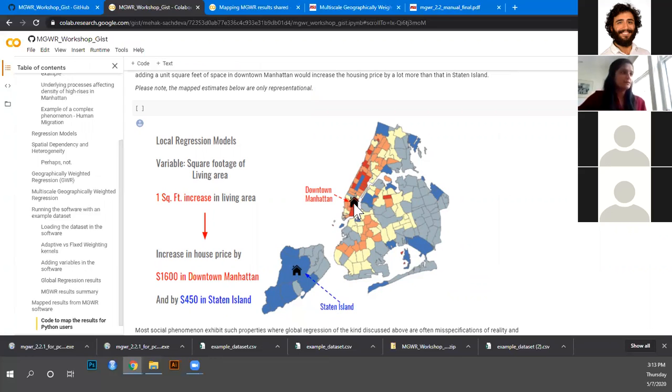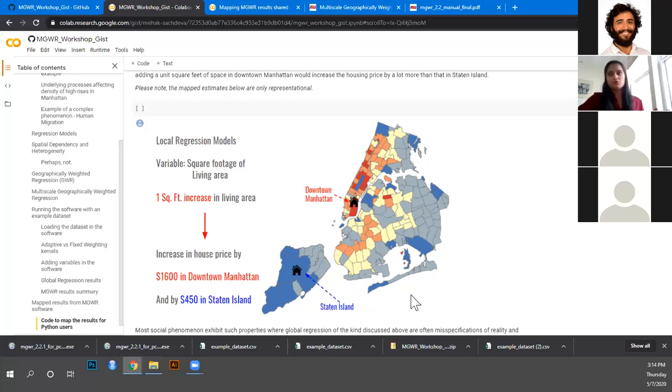Here you see the red come up in downtown Manhattan, and there's a blue in Staten Island. So whatever scale you have your data on, you would get an estimate for each of those units. And this picture would then tell you that 1 square foot of increase in living area would lead to an increase of $1,600 in downtown Manhattan, whereas only $450 in Staten Island.